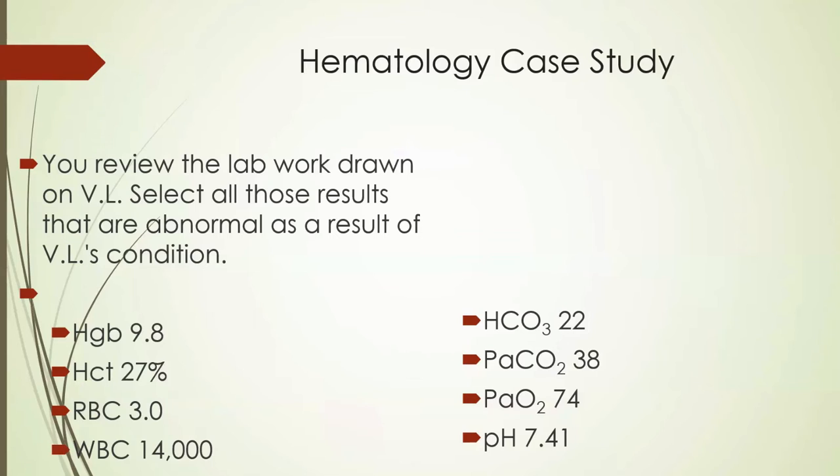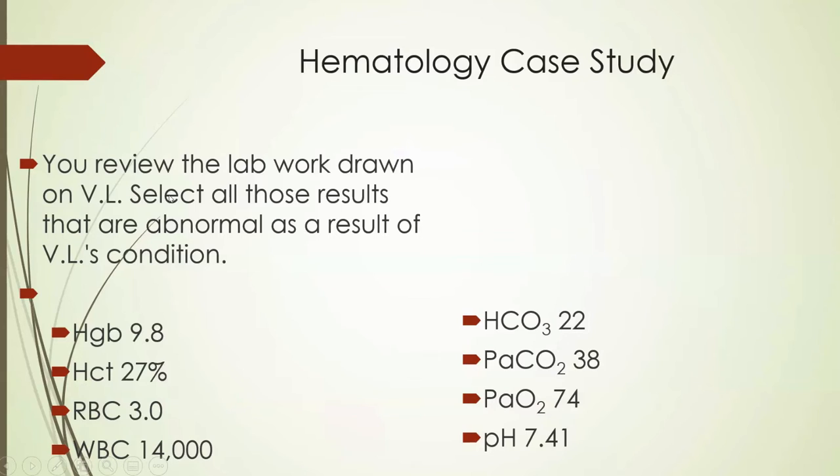So this could also be connected to her condition because of the low oxygen from the sickling. So in this case, we would select the hemoglobin, hematocrit, red blood cell, white blood cell, and the oxygen from the ABG.